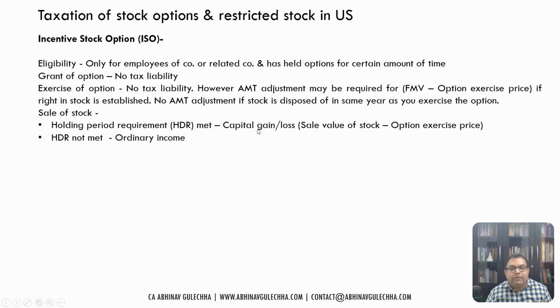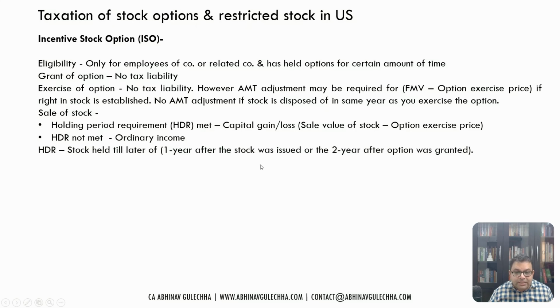The benefit of recognizing it as a capital gain is that it will be taxed at a reduced rate of 0, 15 and 20%, as compared to, say, if you are in the highest tax bracket of 37%. Then instead of being taxed at 37%, the capital gain, if the holding period requirement has been met, will be taxed as per the lower rates.